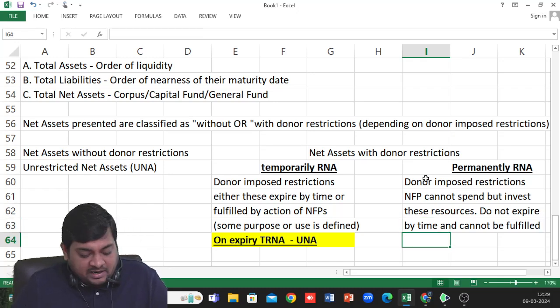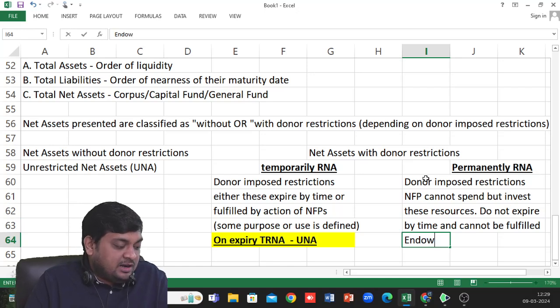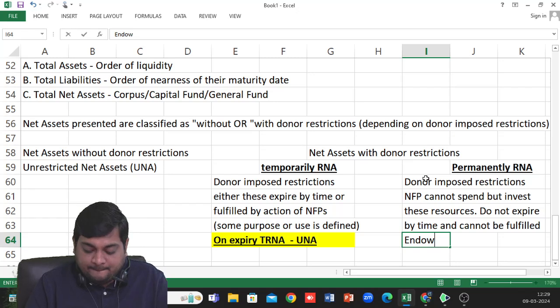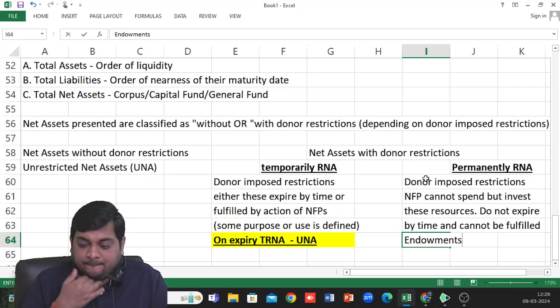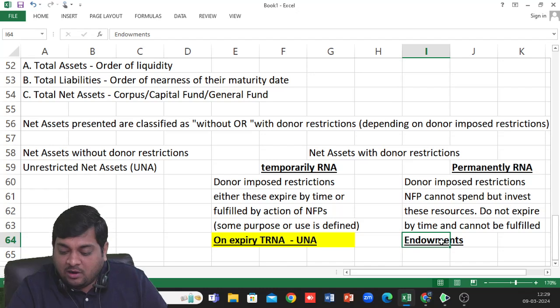So these are some endowments, these are known as endowments.